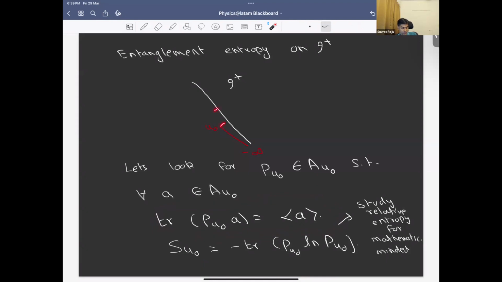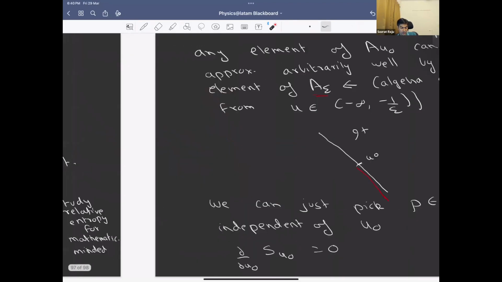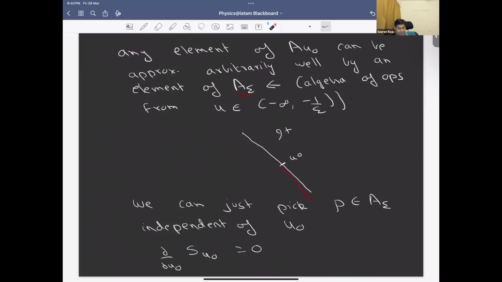It would be different for different U0s because you get more and more elements in the algebra. So you can pick different rho U0s. Remember the result we proved earlier, which is that any element of A of U0 for any U0 can be approximated arbitrarily well by an element of A epsilon. Remember that? Yeah. So I can always pick the density matrix once and for all from A epsilon.